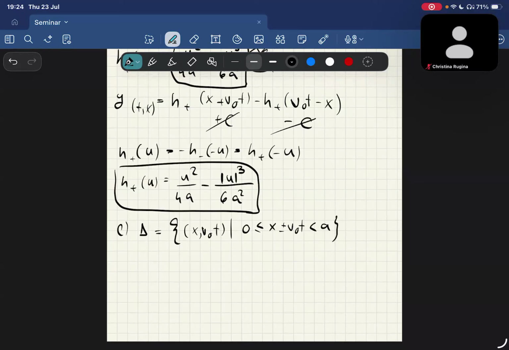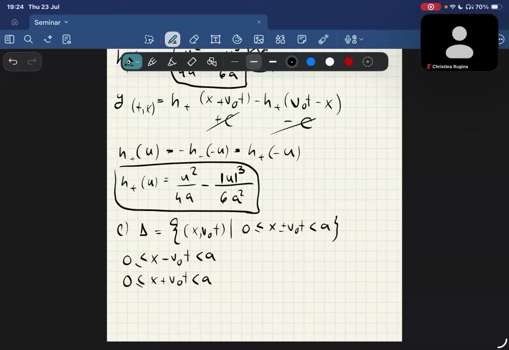So to do this, it's not such a hard part. We write the conditions explicitly: 0 less or equal than x minus v0t less than a, and also 0 less or equal than x plus v0t less than a.